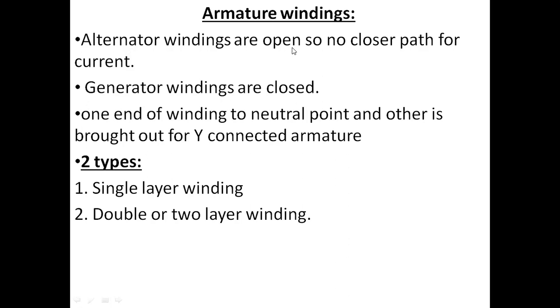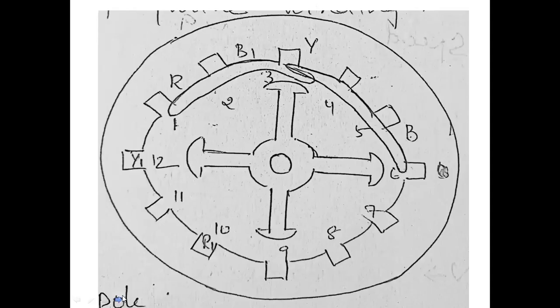Most commonly for three-phase alternators, we use two types of armature windings. The first one is single layer winding and the second one is double layer or two layer winding. First, coming to the single layer winding. This single layer winding is also referred to as concentric or chain winding.